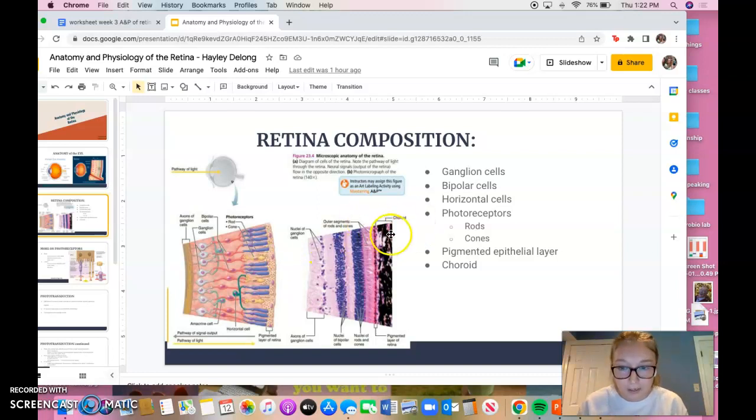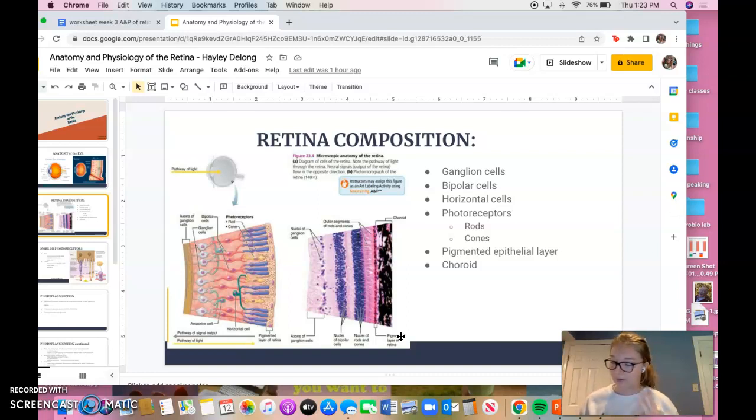And then the choroid, you can see on the right side with the dark splotches through it. That's full of blood vessels, and that supplies nutrients and oxygen that keeps the process going all the time so that we can continue to see.